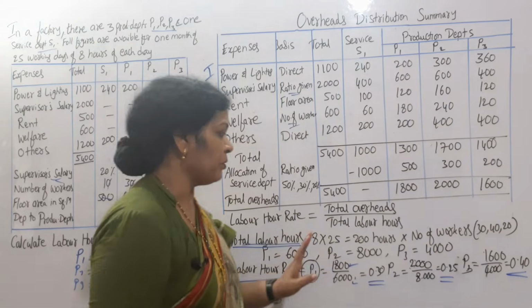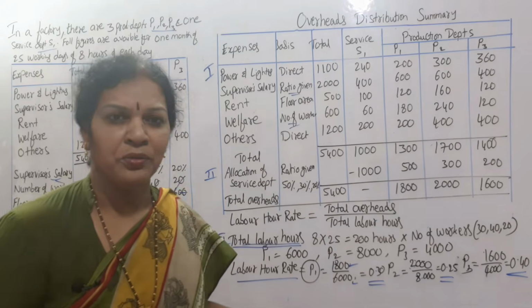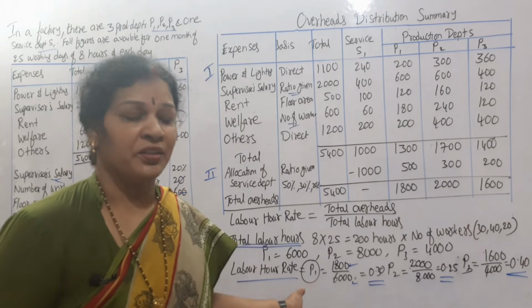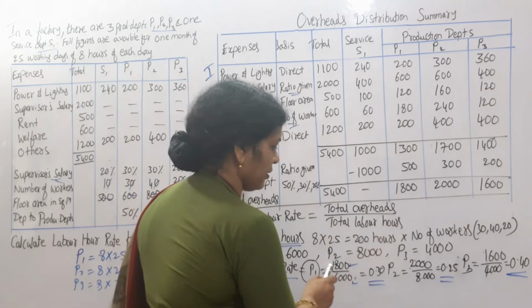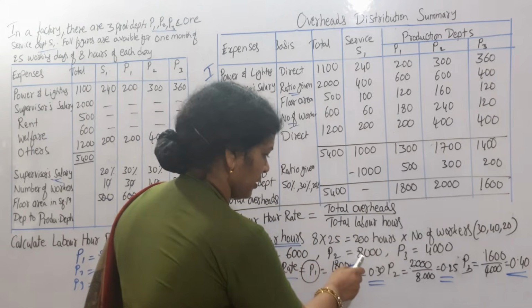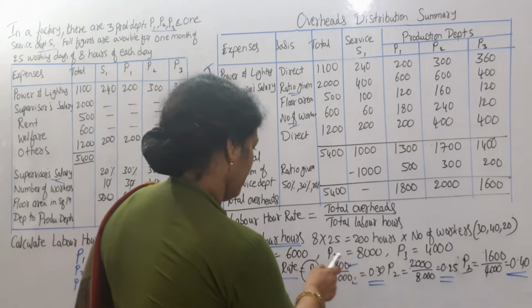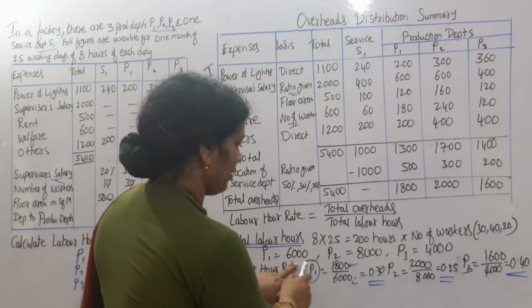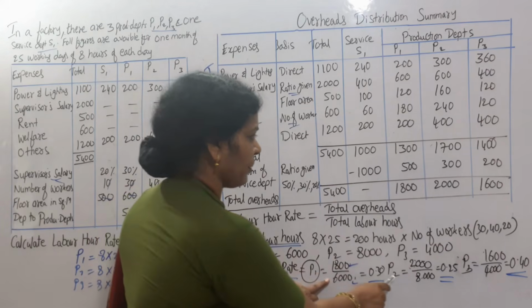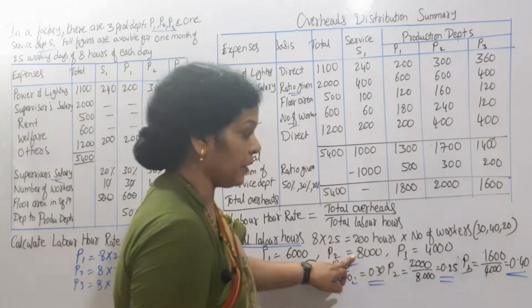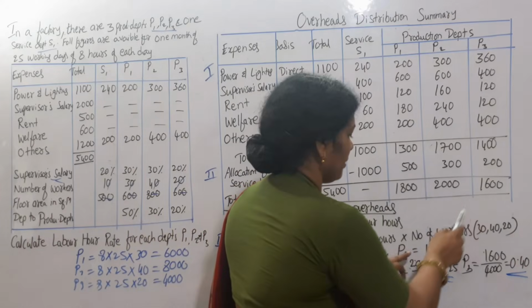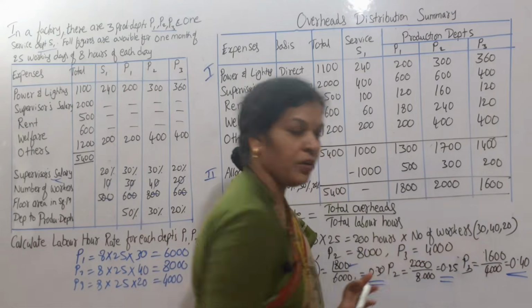So labor hours we got. Now labor hour rate is equal to total overheads divided by labor hours: for P1, 1800 and 6000, so you got this much. P2 2000 divided by 8000, 25 paisa, and P3 1600 divided by 4000, got 40 paisa.